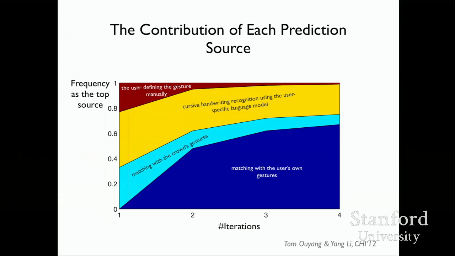What is important here is that at the very beginning of the experiment, before the system has observed any usage from the user, it was able to guess the meaning of the gesture 77% of the time. So it significantly reduced the user effort and bootstrapped the performance of the system.